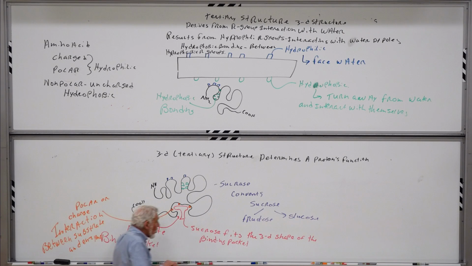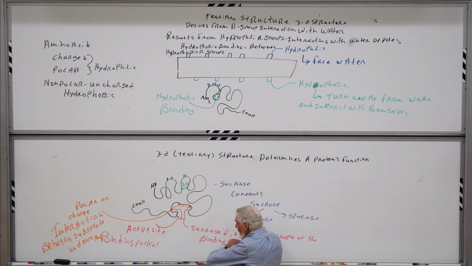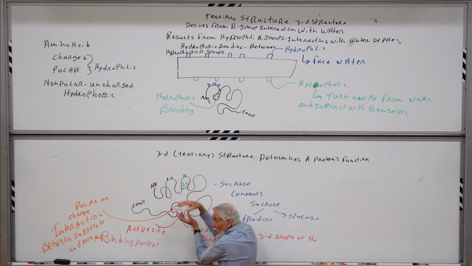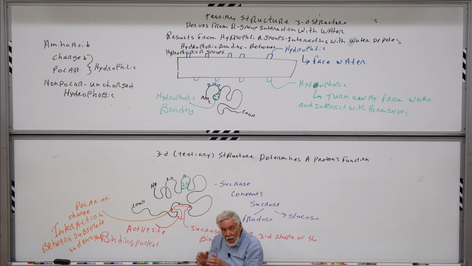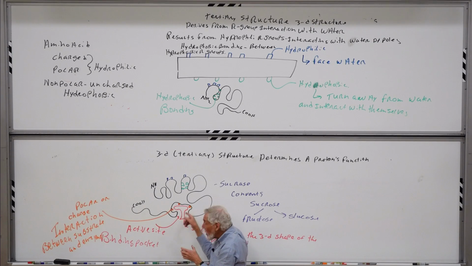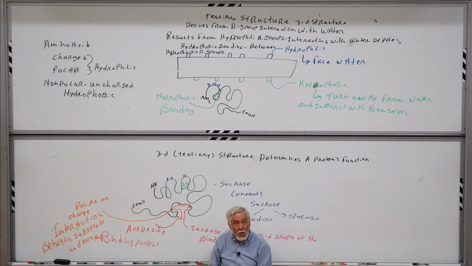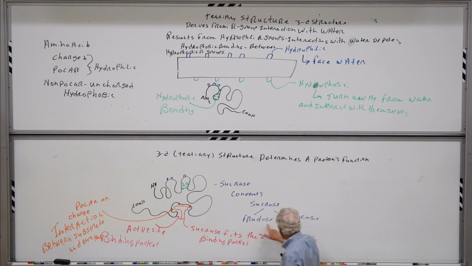Now, the way these enzymes work is that when the substrate binds to this binding pocket, and you get this charge interaction between whatever charge there is on the substrate and the charge on the amino acids, that charge-charge interaction and the fit lowers the energy of activation to convert sucrose into fructose and glucose.